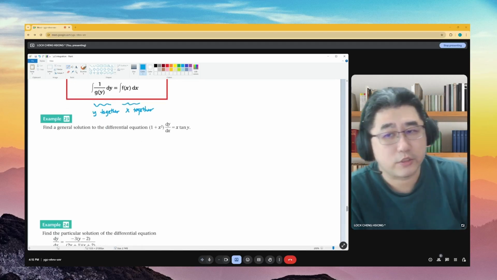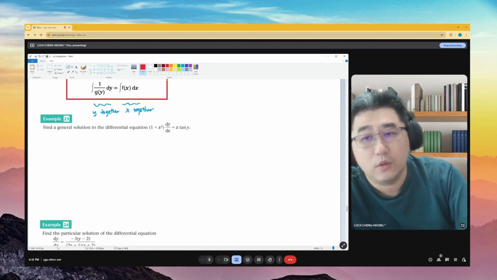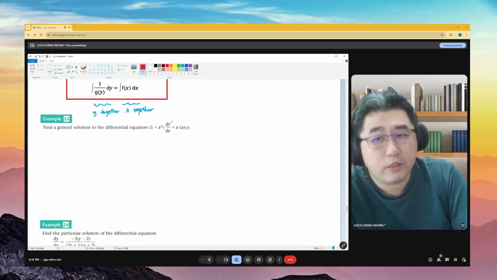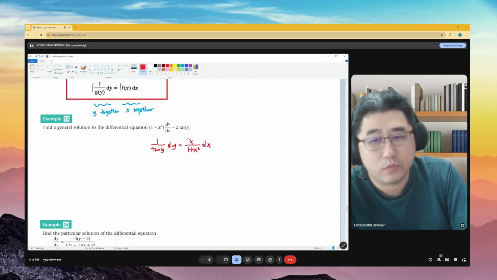So let's look at this. I have 1 plus x squared dy dx equals x tangent y. This is tangent y, not arctangent. So I need to get y together, x together. So I write it in the form of 1 over tangent y dy equals x over 1 plus x squared dx. Put integration sign.